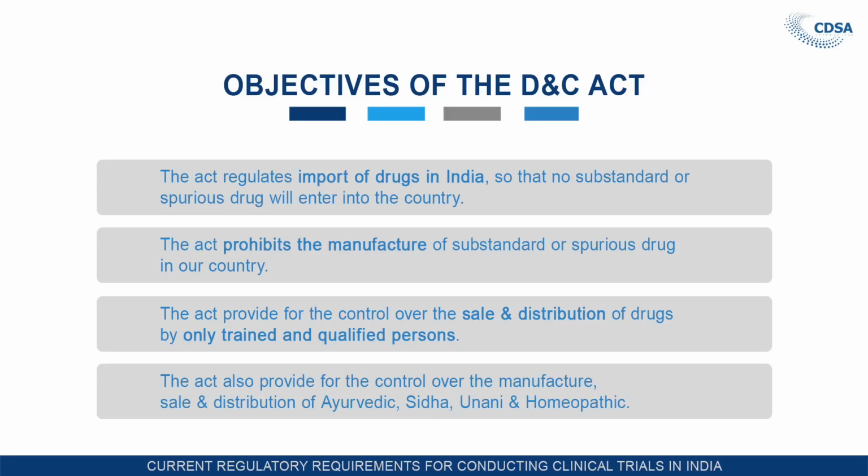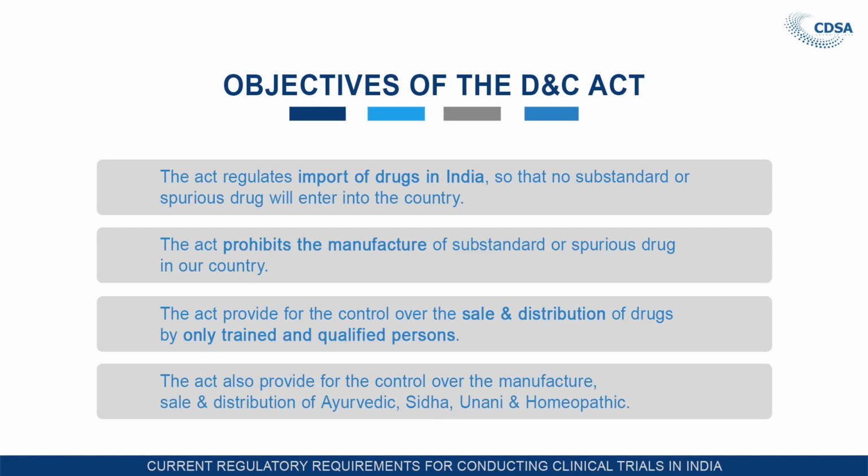The drugs are available in the market in two ways, either by import or by manufacture, and they reach the patients through sale or distribution. So it is very important to regulate the manufacture, import, sale and distribution of these drugs to deliver authenticated standard drugs to the patients.